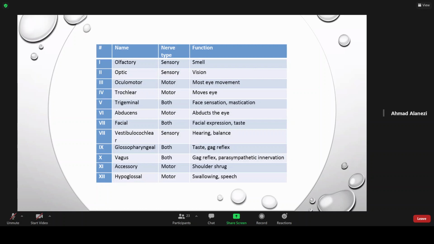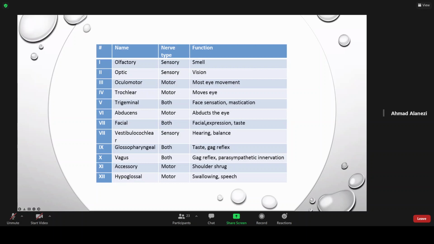And then the trigeminal nerve conducts facial sensation and is responsible for supplying muscles of mastication. Facial is a very important nerve and usually comes up in many OSCE exams.